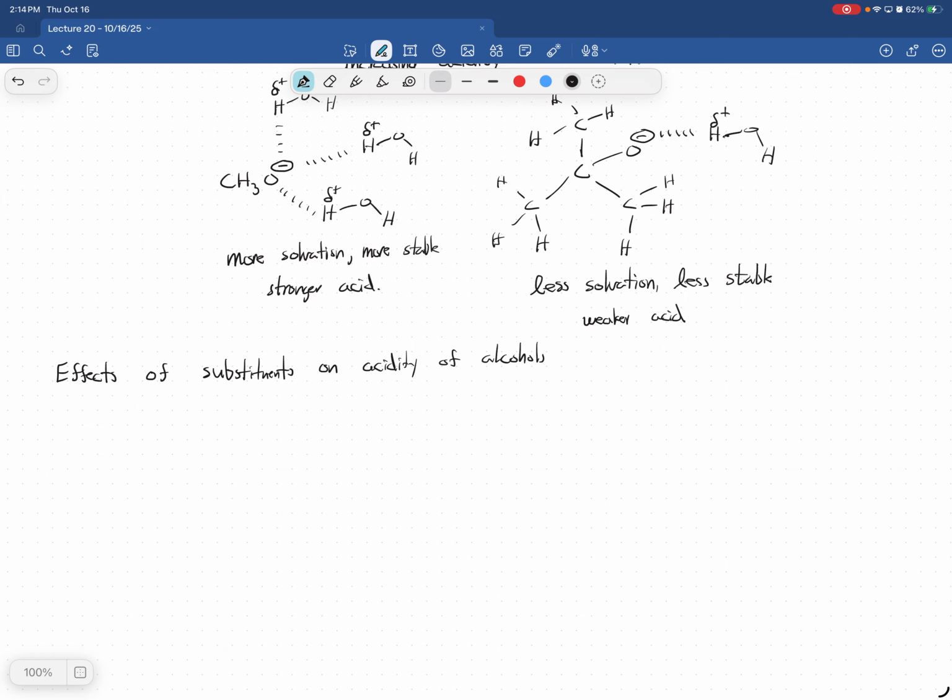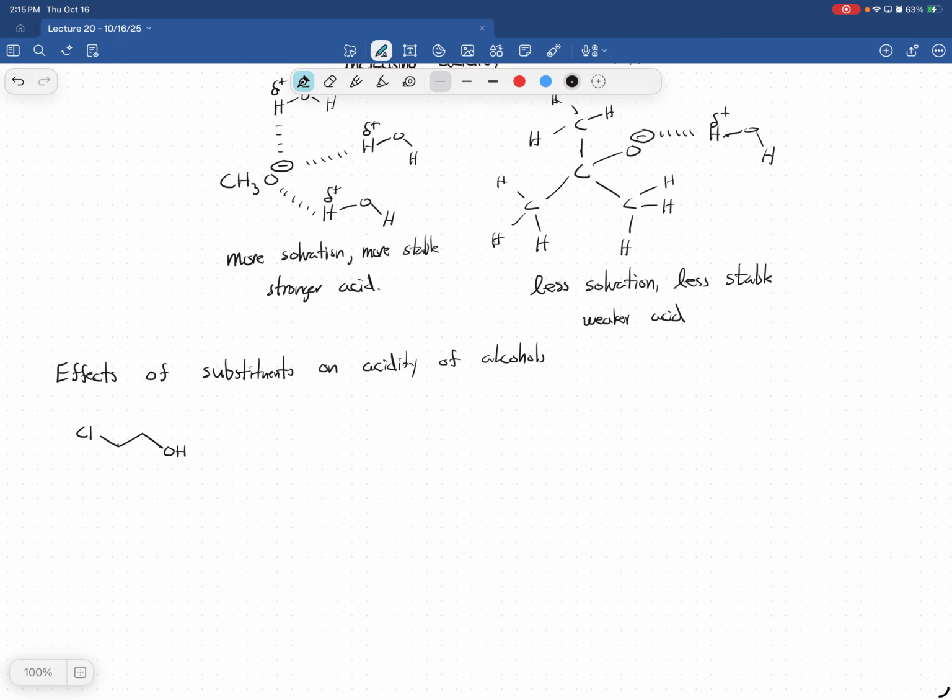I asked this type of question on the first exam. I gave you phenol, and I said, which one's more acidic? So think about a situation where you have an alcohol, and then you have a very electronegative atom close by, so it's kind of its neighbor.